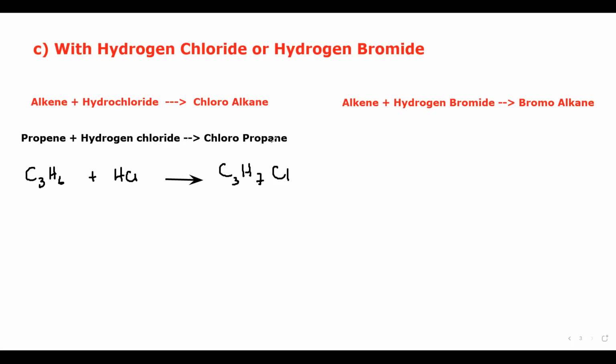So this is called chloropropane. Same thing if it is butene plus hydrogen chloride, the result will be chlorobutane.